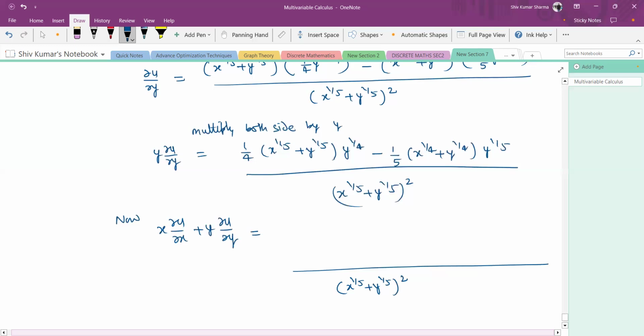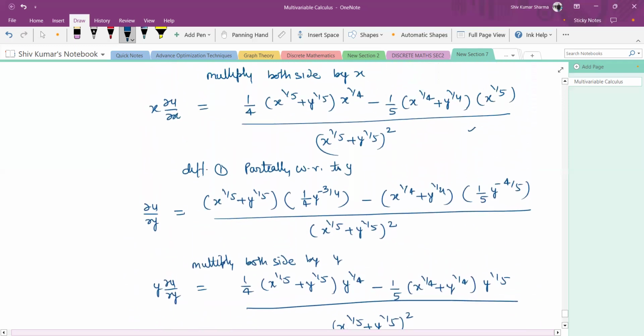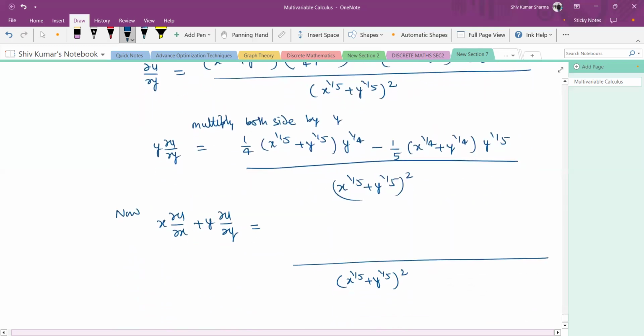Okay, so now first we write down the numerator of x ∂u/∂x. So this will be (1/4)(x^(1/5) + y^(1/5)) into x^(1/4), minus (1/5)(x^(1/4) + y^(1/4)) into x^(1/5).